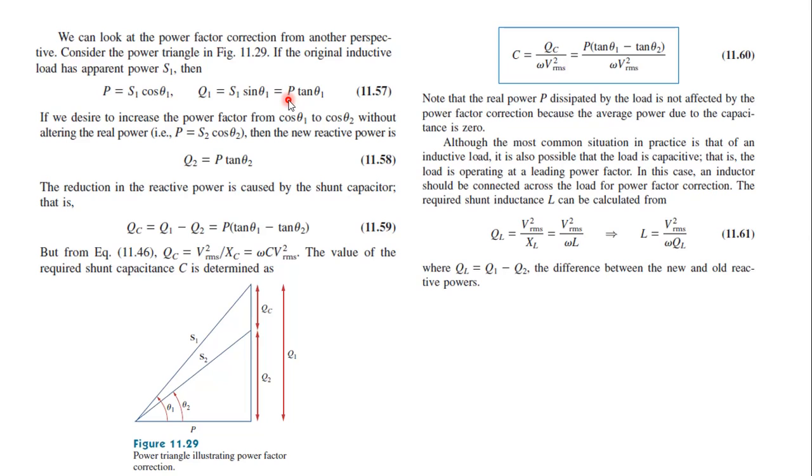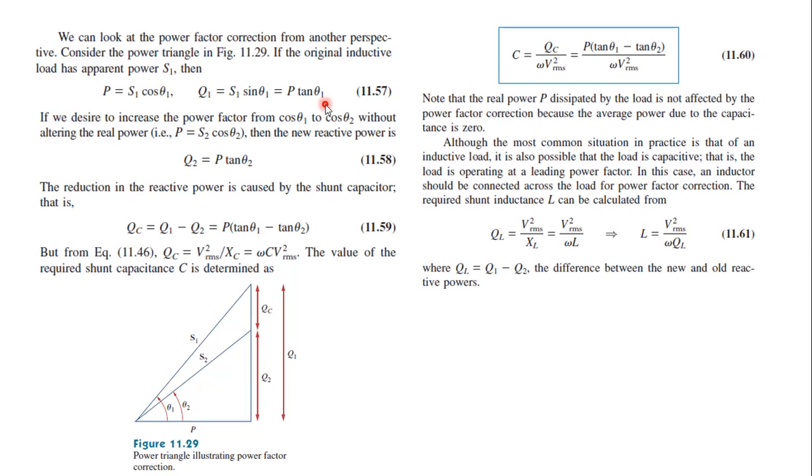Now if you substitute P as S1 cos theta 1 here, and tan theta 1 can be written as sin theta 1 by cos theta 1, cos theta 1 will get cancelled. Again you will get S1 sin theta 1. So Q1 is also equal to P tan theta 1.